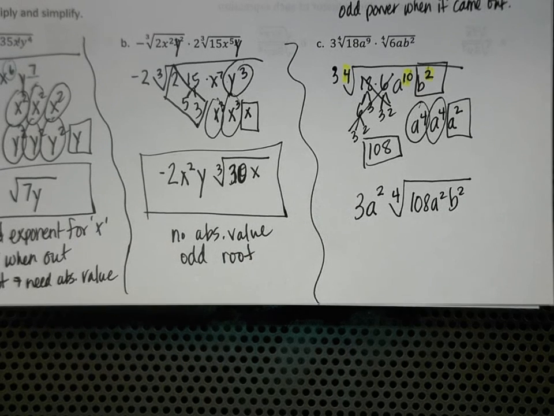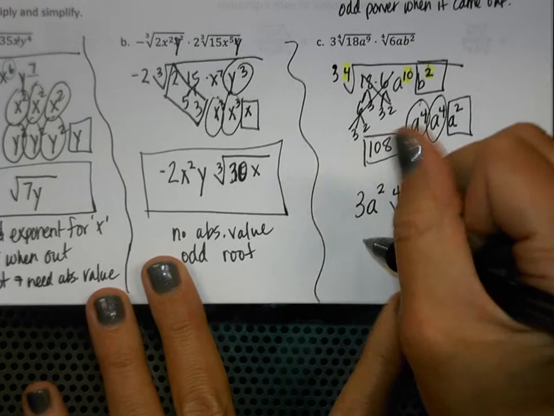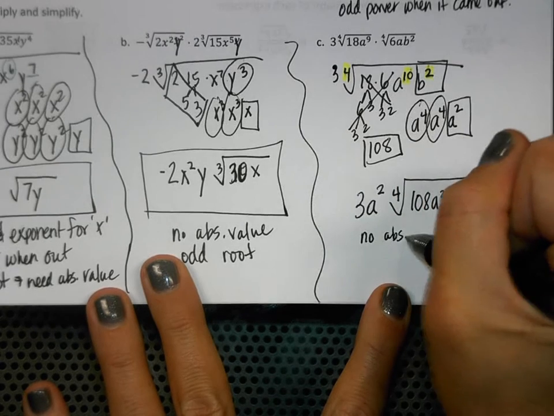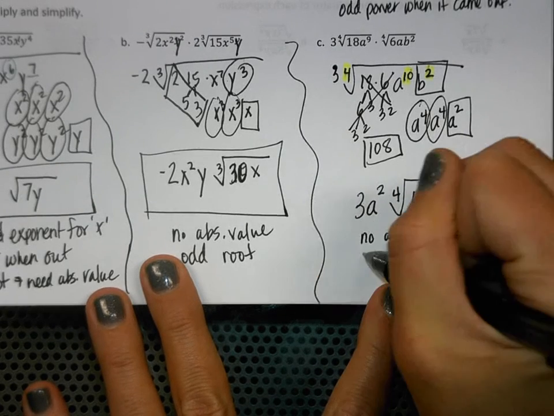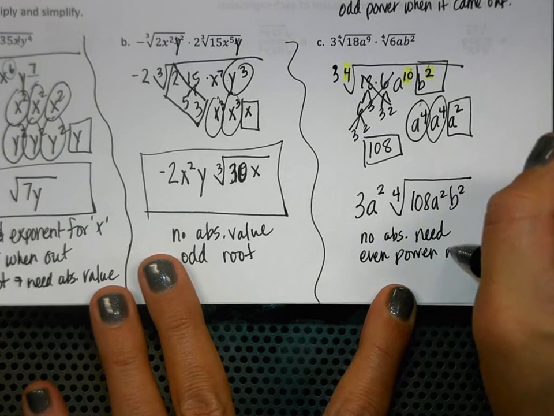How many think we don't need to? Okay, and a lot of you are not answering. Okay, so why don't I need absolute value bars? Because it's even. Because it's even when we brought it out. Very good. So let's just write that. No absolute needed, even power when out of root.